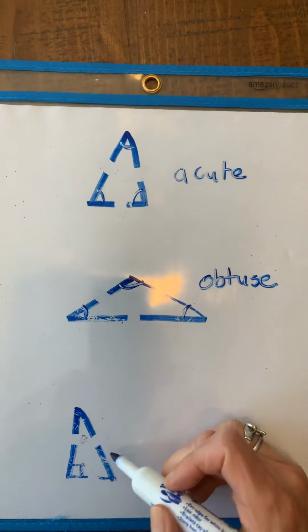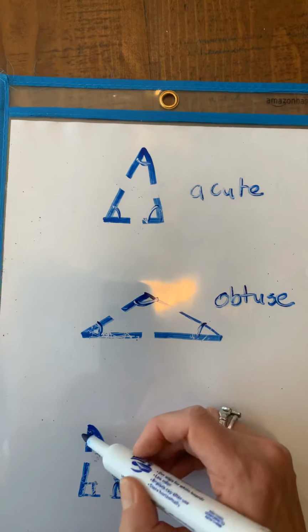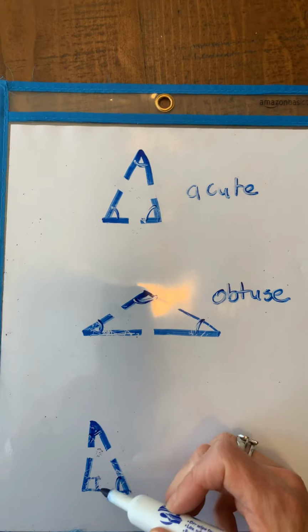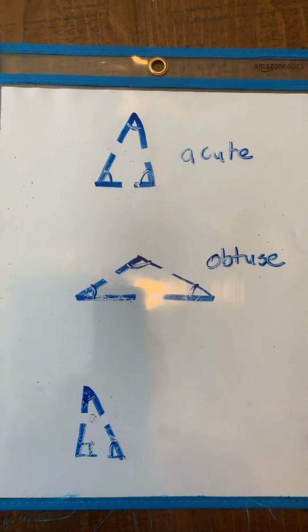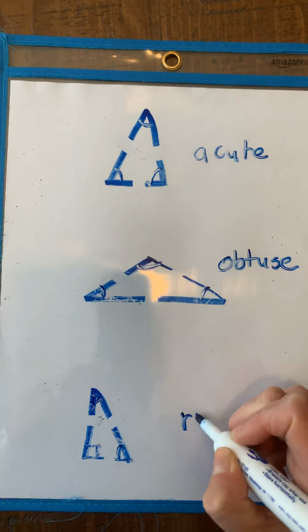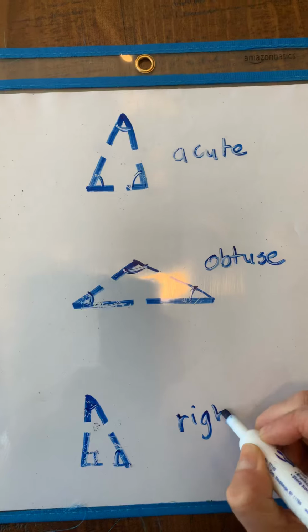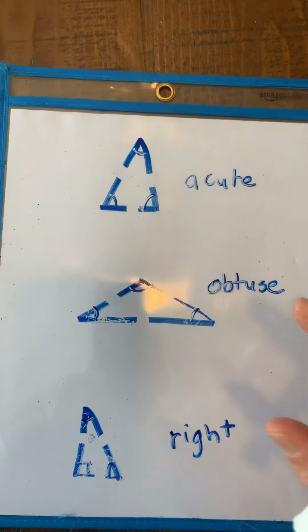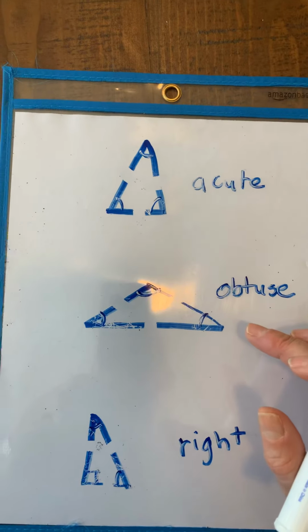And down here, we'll see that we have an acute, and a right angle. And if there is one right angle present in the triangle, it is a right triangle.